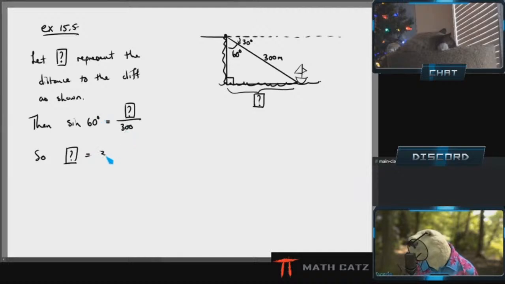So question mark in a box is solved simply by multiplying both sides by 300. 300 times sine of 60 degrees. And in this case, because the sine function isn't in a complicated calculation setting, which it won't be for us, we're perfectly fine to just have the input.